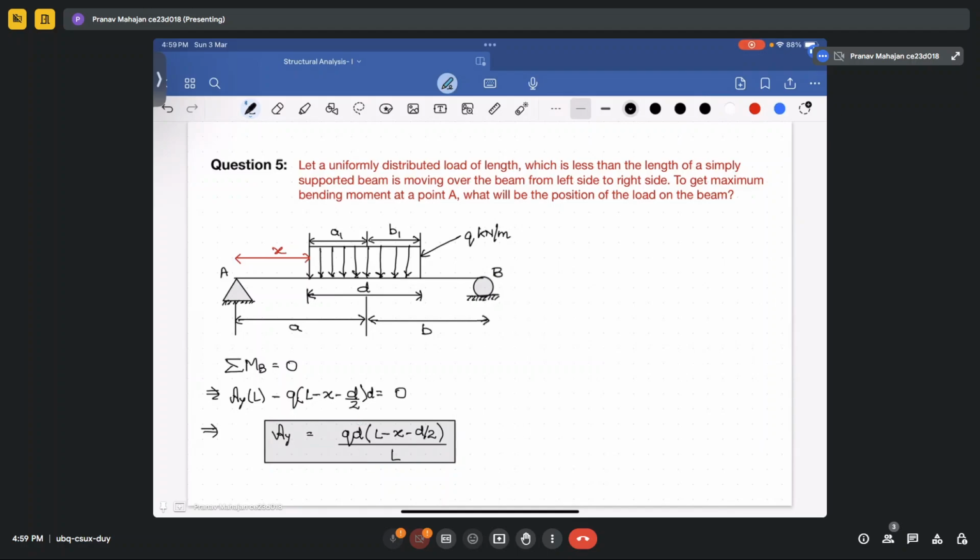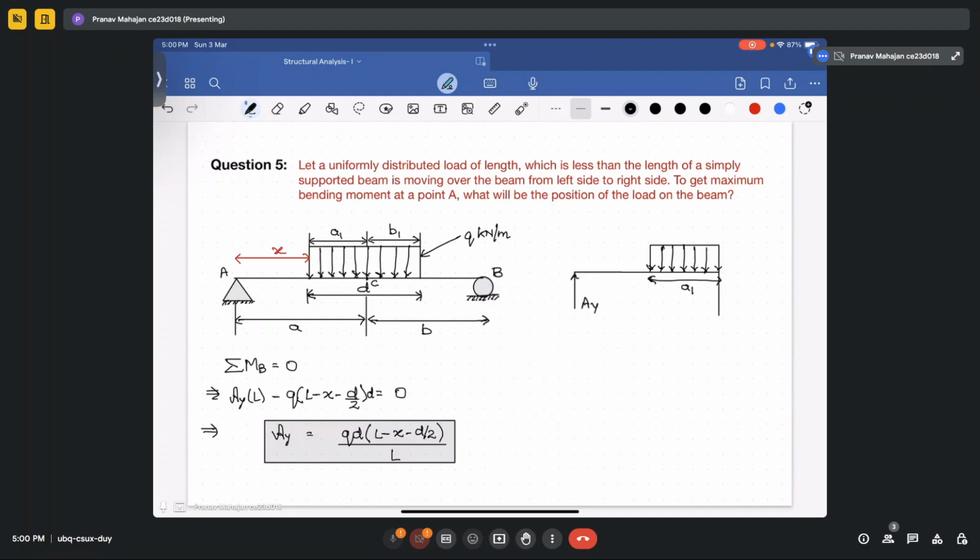Now consider the shear at point C. Here you will have a reaction Ay. Let some load come in between, and this load is A1. That's why we have divided it into A1 and B1.